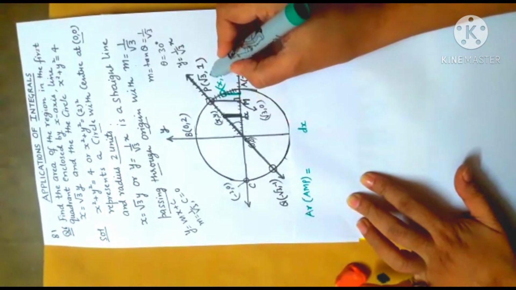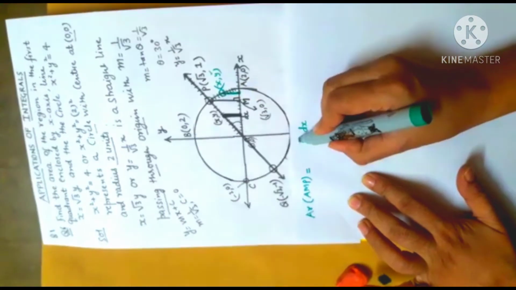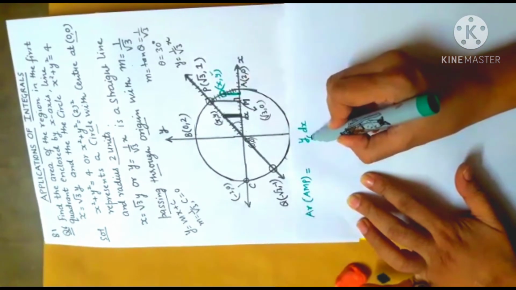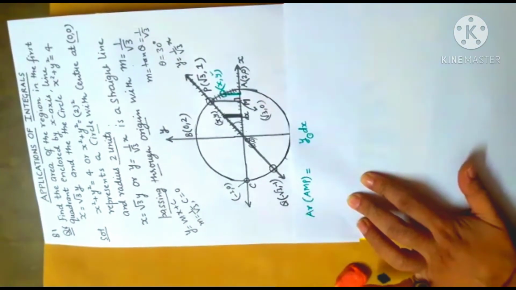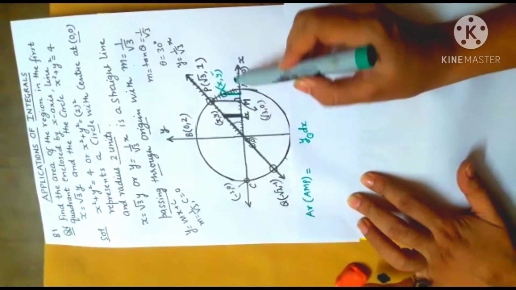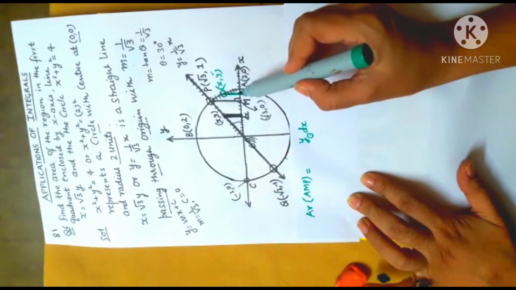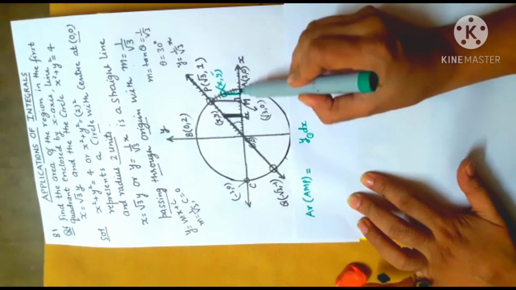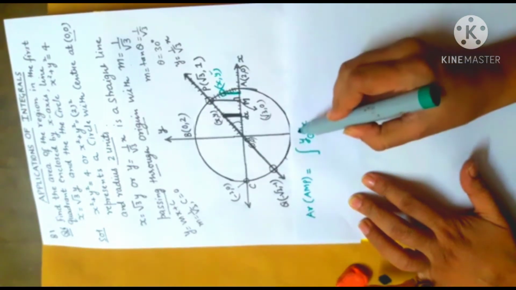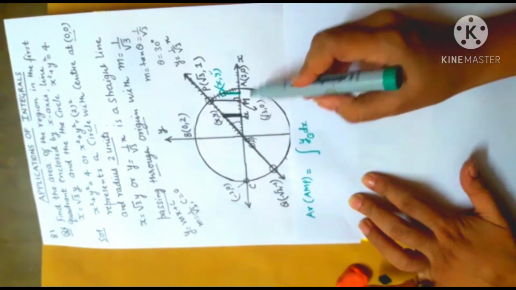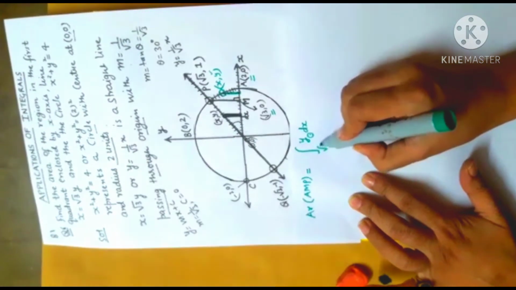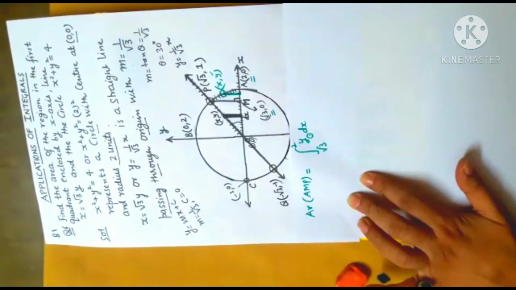So it will be equal to the y coordinate of the point. But note that this point lies on the circle, so we have to follow the y of circle. Now, to get the area of this region, the strip will move from M to A. So I'll integrate this area of the elementary strip within the limits root 3 to 2. Right?